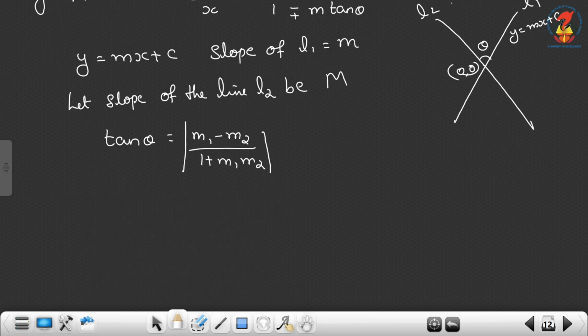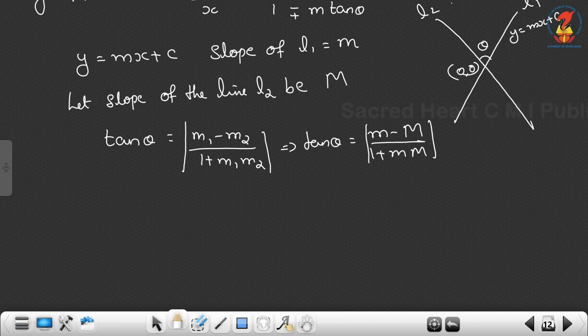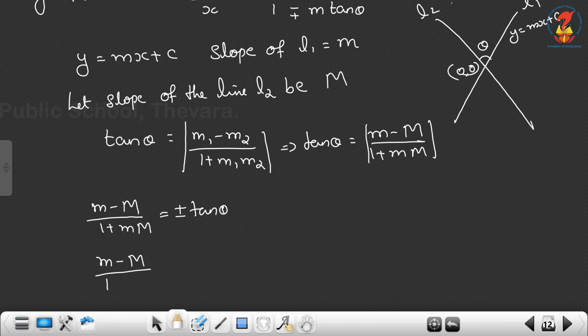So tan theta is equal to (m minus M) by (1 plus mM). Now changing the modulus symbol, (m minus M) by (1 plus mM) is equal to plus or minus tan theta. So take plus tan theta and minus tan theta separately and solve.